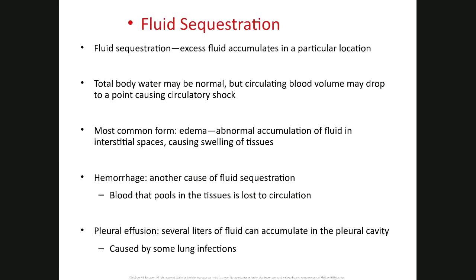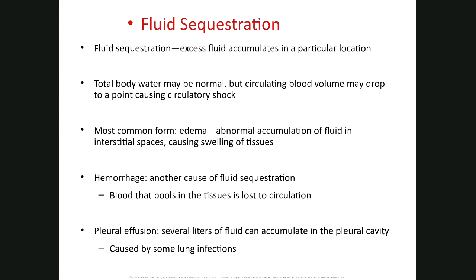Now, there's also fluid kept somewhere in the body. We call it fluid sequestration. When fluid occurs outside of the circulatory system, it is unaccounted for, and we call it sequestration, hiding. The most common form of fluid being outside the circulatory system is when it goes into the tissues.